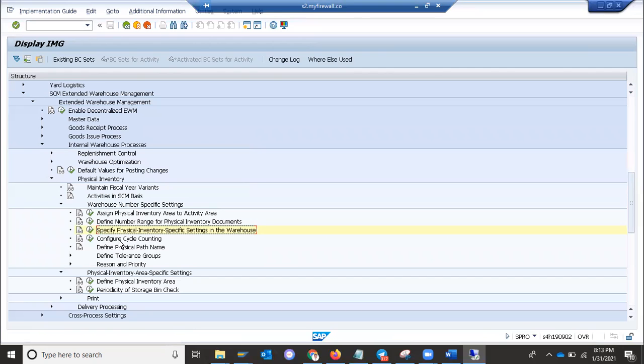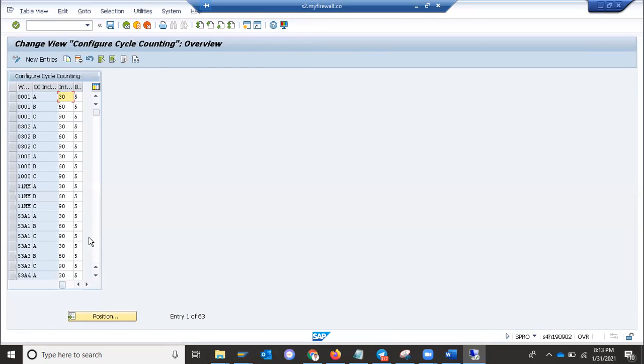Configure cycle counting. We can do the configuration of cycle counting. Previously, it was used very much, but nowadays cycle counting is very less used, right? Now, let us suppose for this cycle counting ABC, we know the meaning of ABC. It is based on value and quantity.